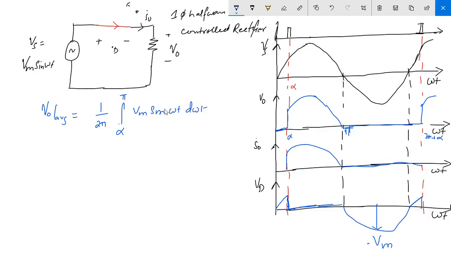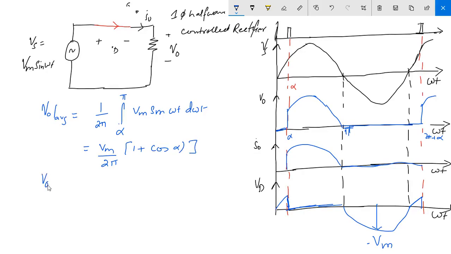Okay, so you integrate it and you will get Vm by 2 pi times (1 plus cos alpha). So this will be your value for the average value.